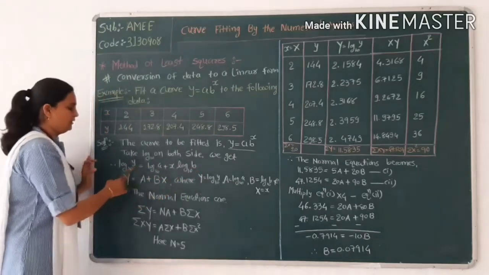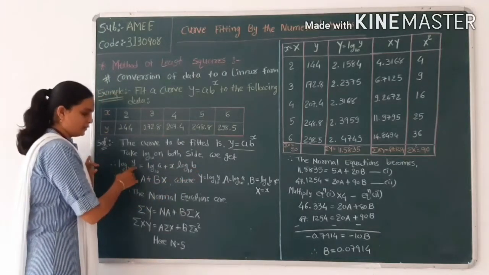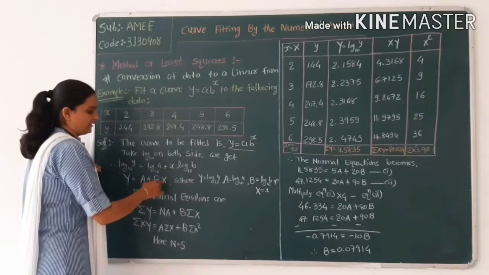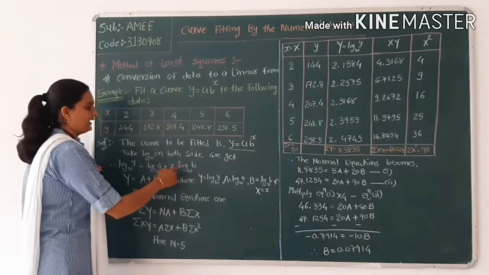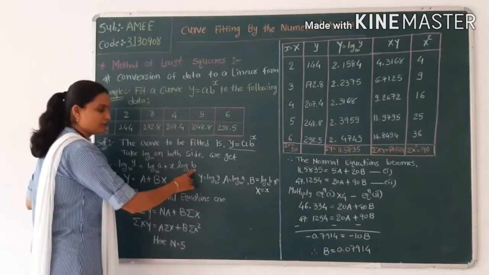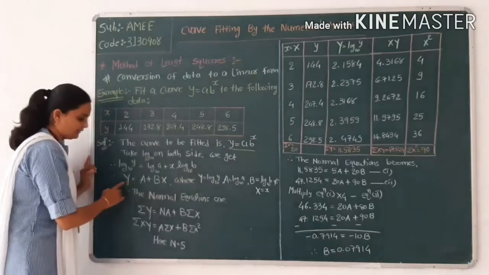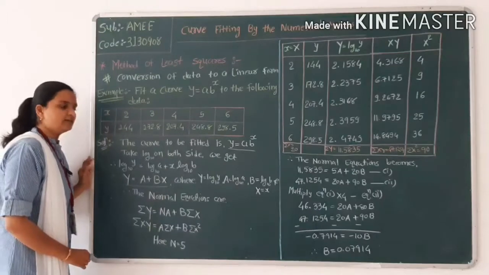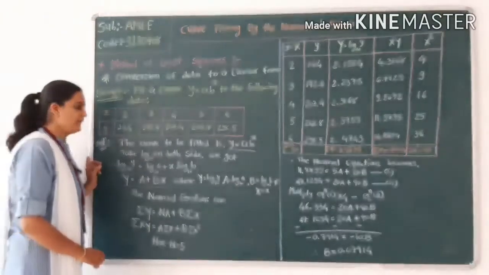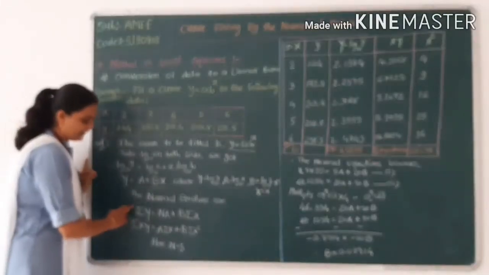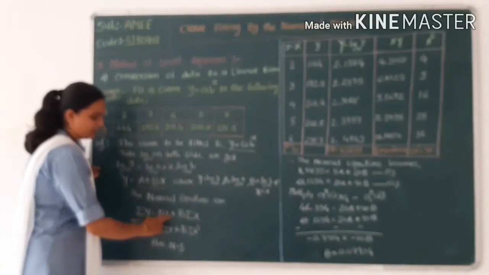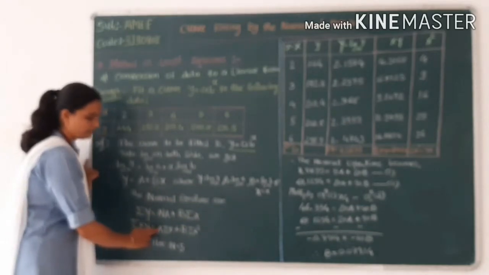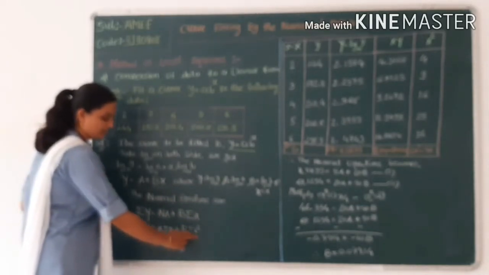Now we take capital Y equals log small y, capital A equals log small a, capital X equals x, and capital B equals log small b. Therefore we have the equation Y equals A plus BX, which is a straight line, and the normal equations are summation Y equals nA plus B summation X, summation XY equals A summation X plus B summation X square.